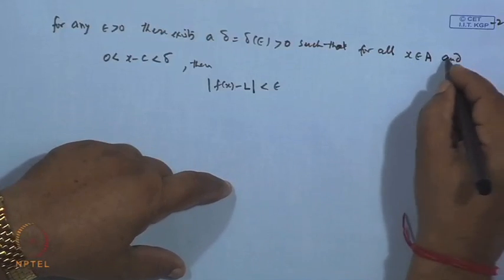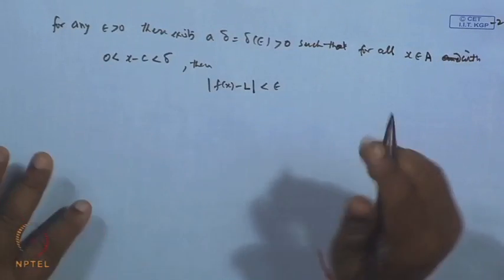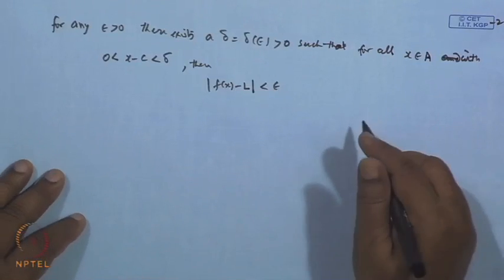So, for all x with this condition. This is called the right hand limit.